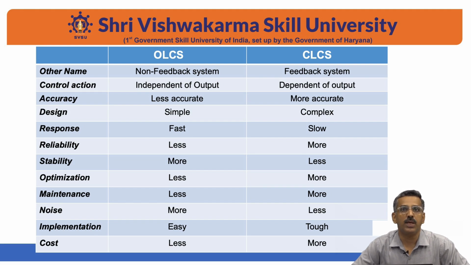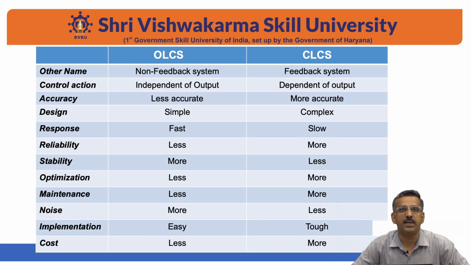The cost of the closed loop control system is more than the open loop control system, because in this case we are using the error detector and the feedback process, which will add more cost to this system. Open loop control systems are less optimized, while closed loop systems are more optimized, because the error has been removed by the use of the error detector.